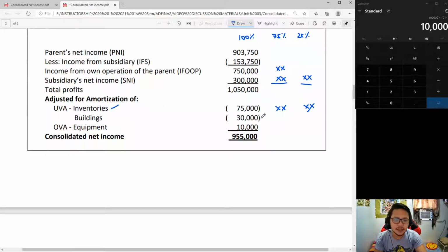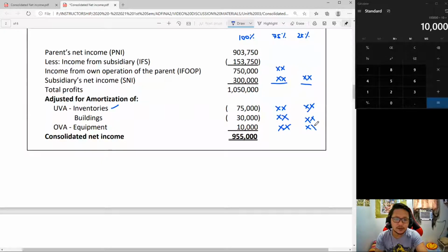Ang building din, that is the property of the subsidiary, it will be divided between controlling interest and non-controlling interest in a 75 to 25 ratio. So 30,000 times 75%, 30,000 times 25%. Likewise on inventory, 75 times 75, 75 times 25. And lastly, yung equipment natin, well, it follows the same thought process.